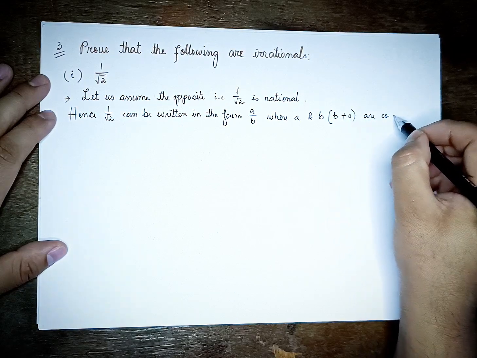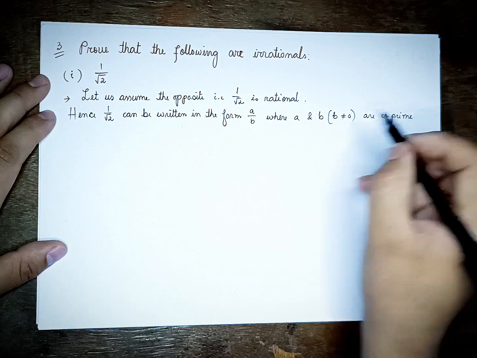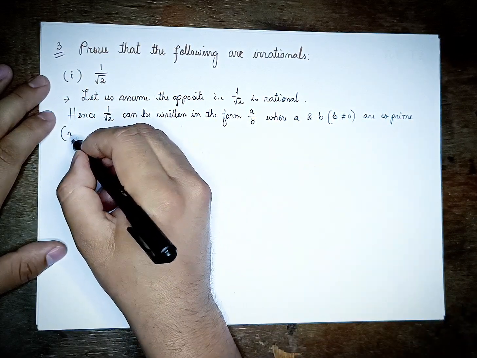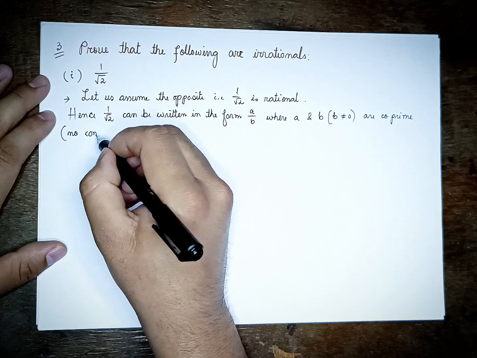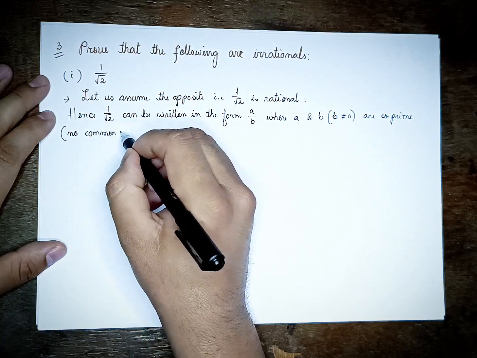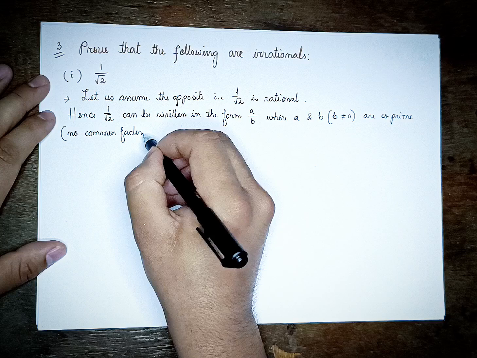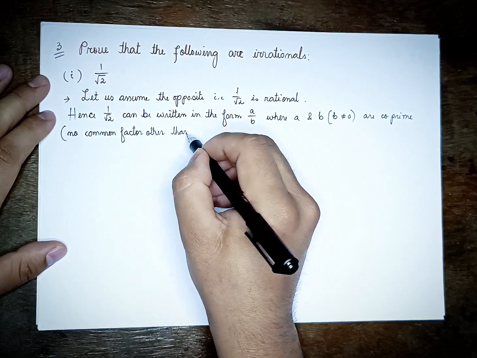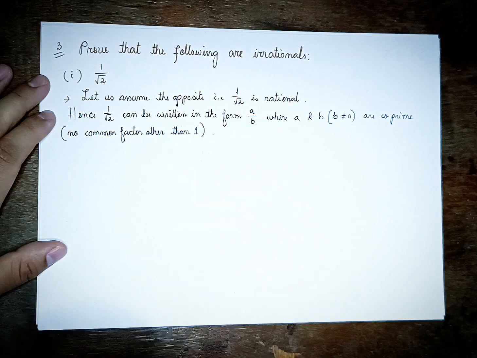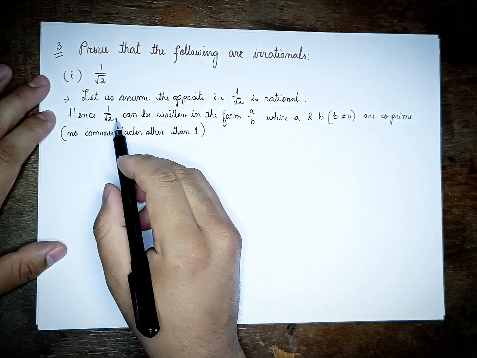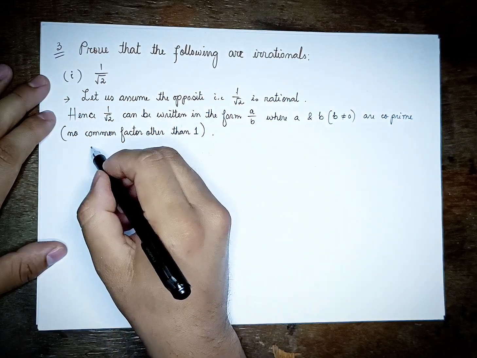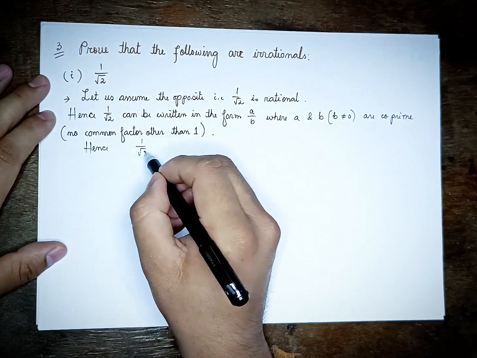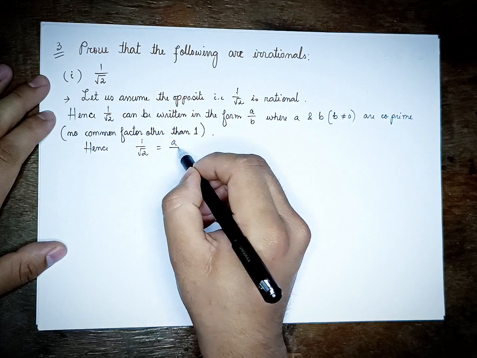Here coprime means no common factor other than 1. Hence, 1 by root over 2 will be equal to a by b.